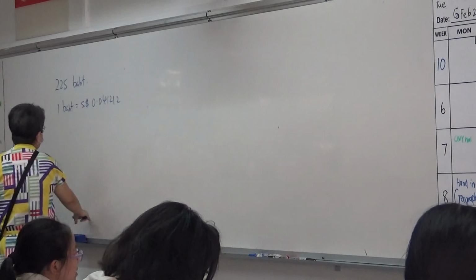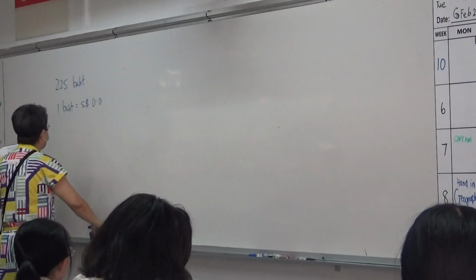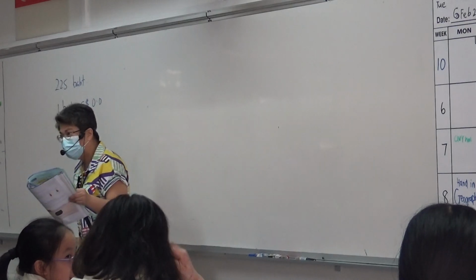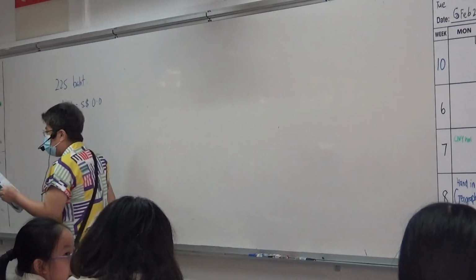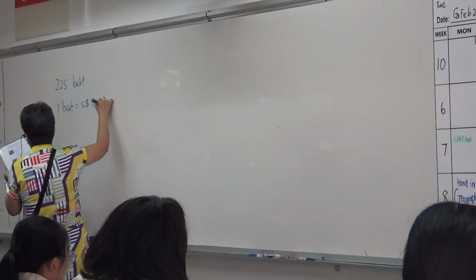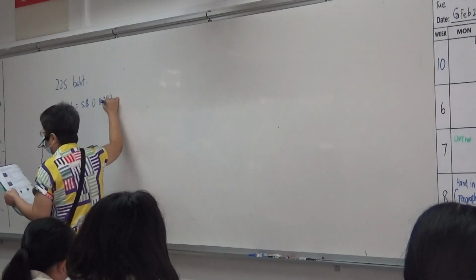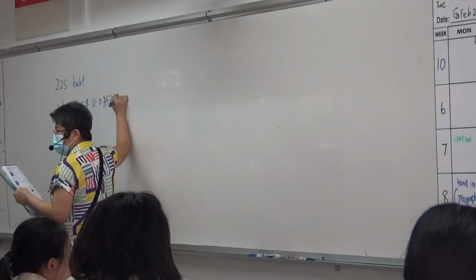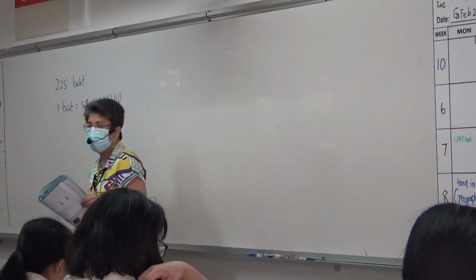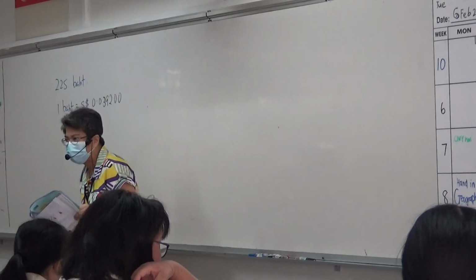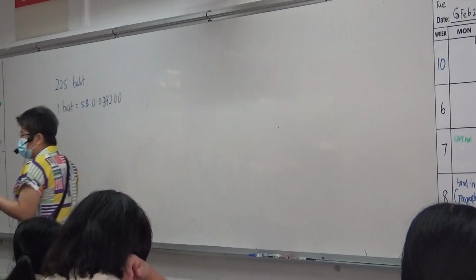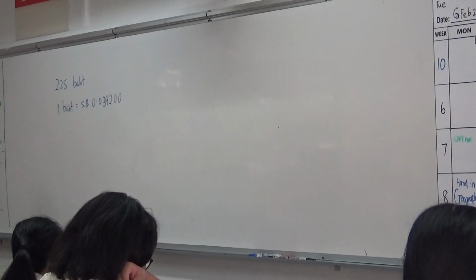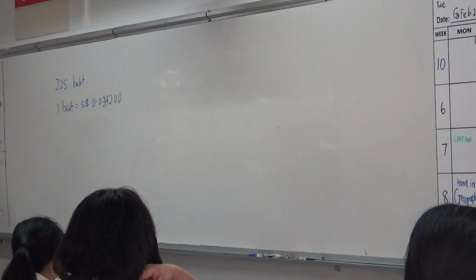Oh, okay. Is it 225 baht still? So what's the conversion rate? 1 baht is what? Like that, okay, no worries, it's about the same. Now, without using a calculator, estimate the price of the wallet in Sing dollars.